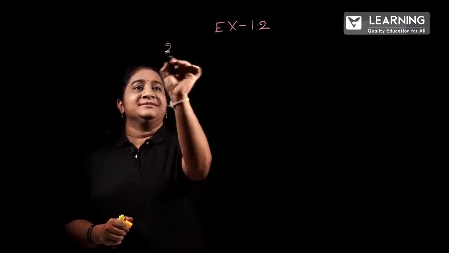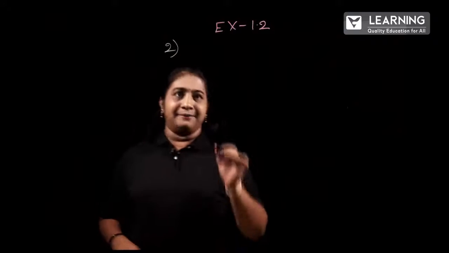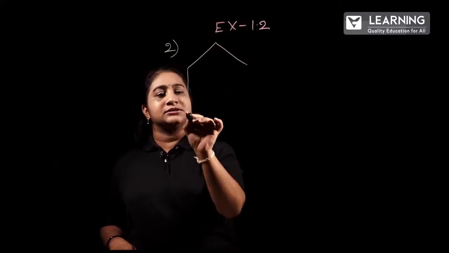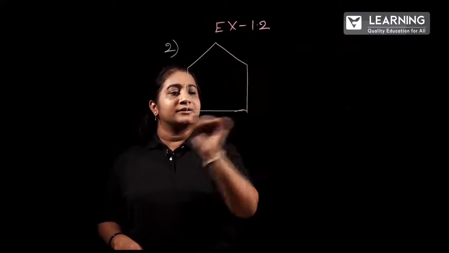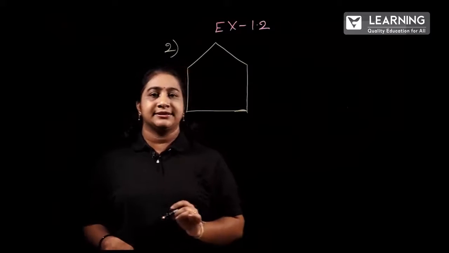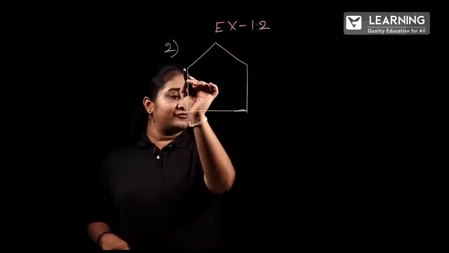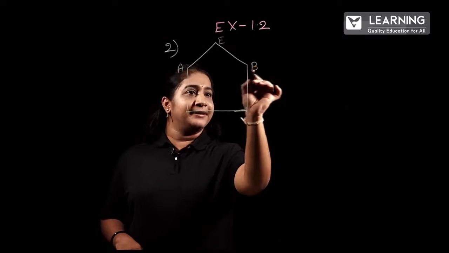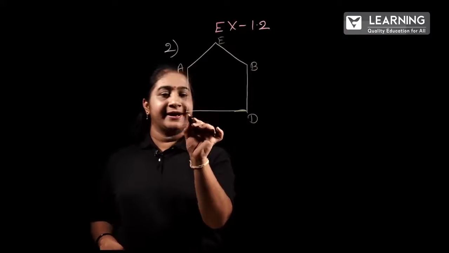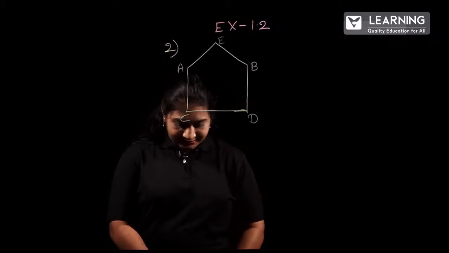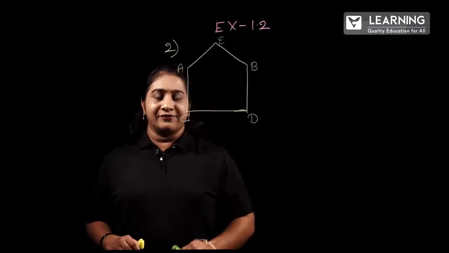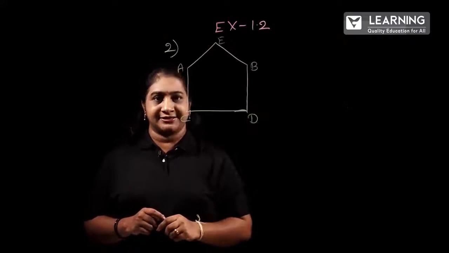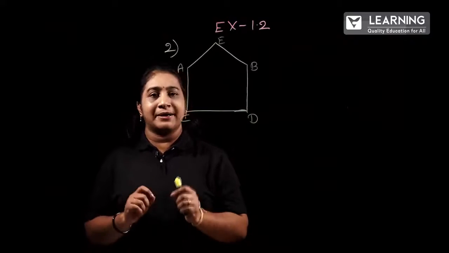Then we will solve the second problem. The second question, the diagram is like this. Total how many sides is it having? It is 5 sides. A, E, B, D and C. In this figure, they have given the measurements of the 4 sides and they have given the perimeter.